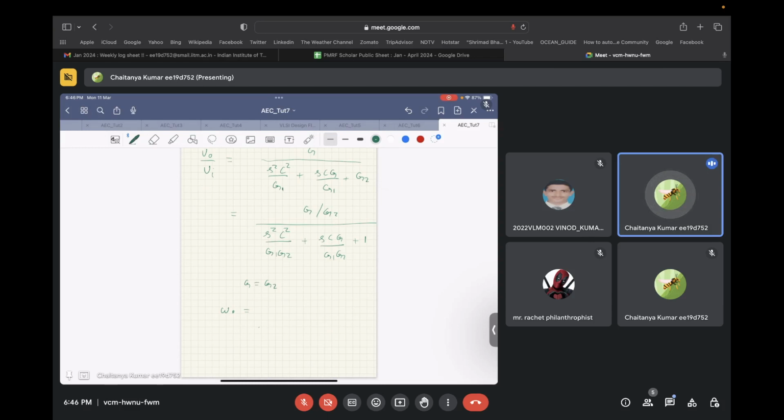If we compare the coefficient of the second order term, it is 1 upon omega naught square. I'll write the standard transfer function here for reference. We'll compare it by 1 upon S square by omega naught square plus SCG upon G1 G2 plus 1.